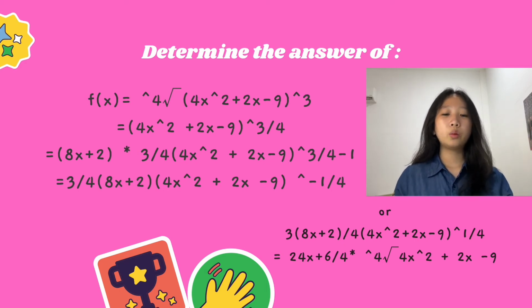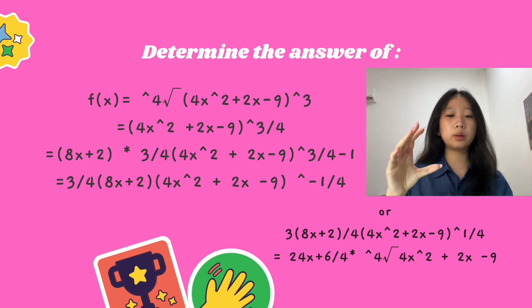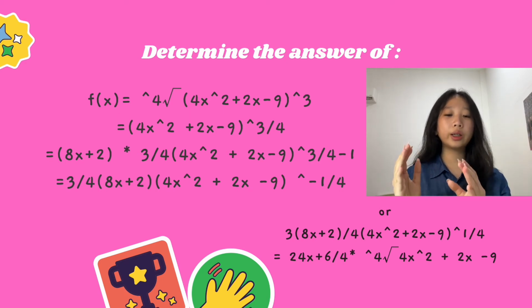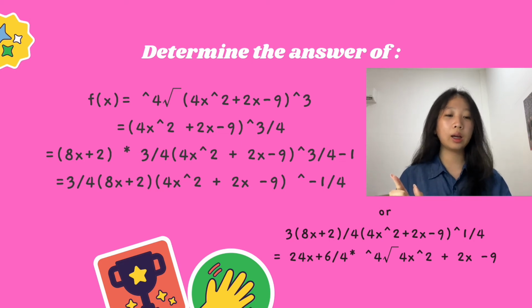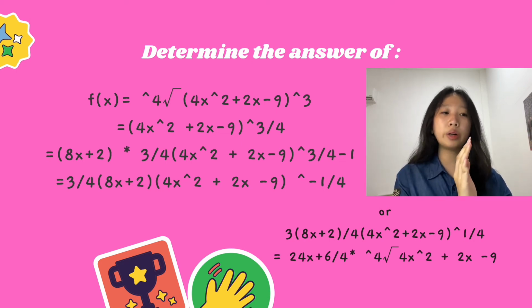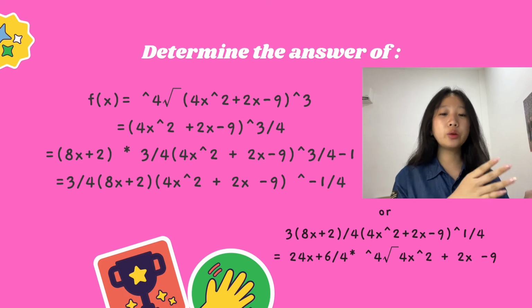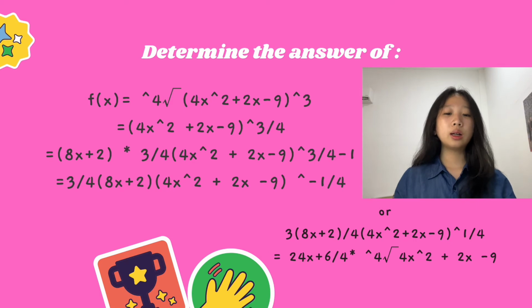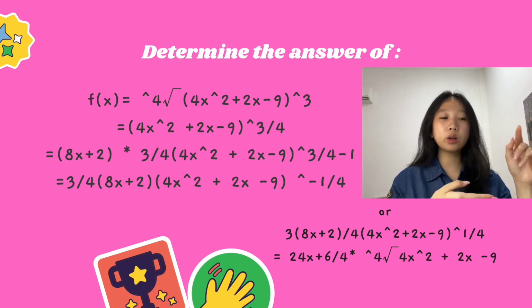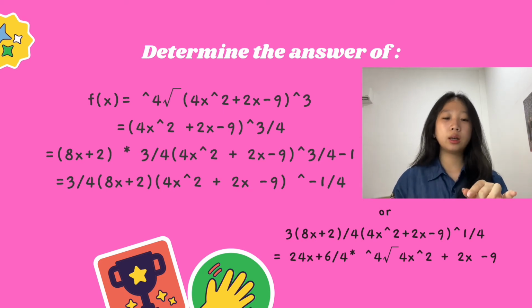So we're going to divide this 3 per 4, 3 with the equation of 8x plus 2, divided by the equation with those powers, that is minus. It's going to be moved into the bottom one, which is 4 times open bracket 4x squared plus 2x minus 9, and for the power from before, it is minus, so it's already changed, so it remains 1 per 4.